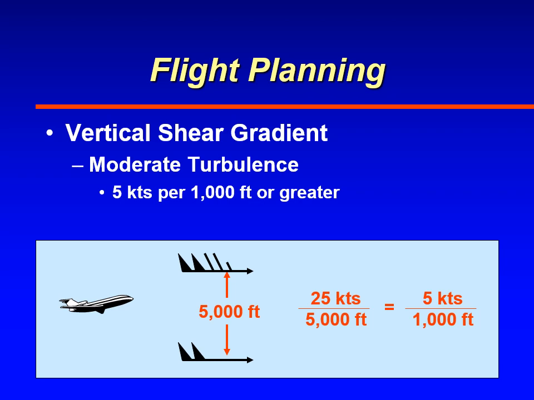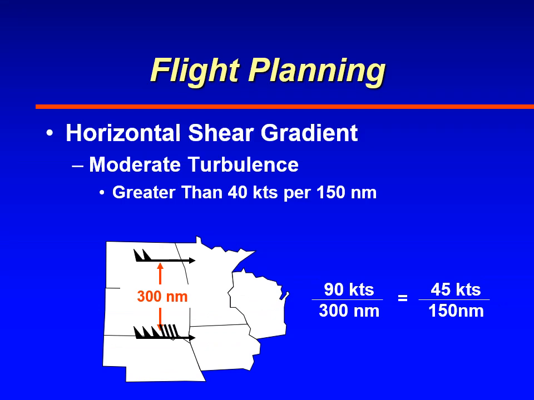Another number that you should know is the horizontal shear gradient. If you have winds that are changing by more than 40 knots over 150 nautical miles, you can expect moderate turbulence. In this example that you see, the winds over North Dakota are 100 knots. Down across South Dakota and Nebraska, the winds are 190 knots.